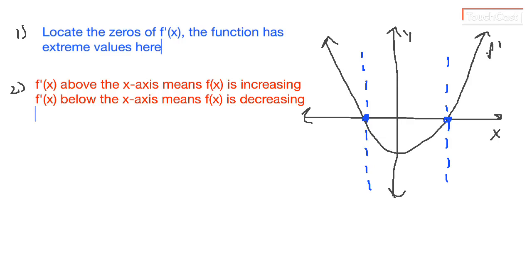So we are going from above to below, so we are increasing to decreasing. We've got a maximum at this first 0. And since we're going from below to above, we've got a minimum at that second one. Okay?